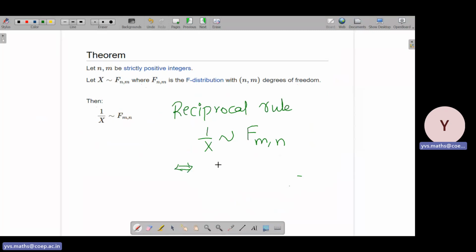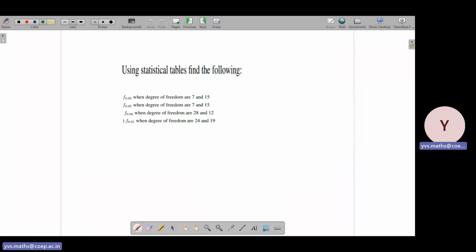In other words, equivalently we can write that 1 upon F n,m is equivalent to F m,n. So you have to flip the order of degrees of freedom when you take the reciprocal of F distribution. We will be using this reciprocal rule while solving the examples. In the next slide, let us solve these examples using statistical tables.